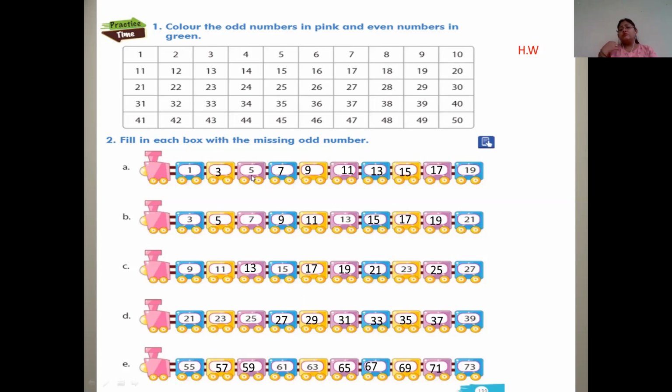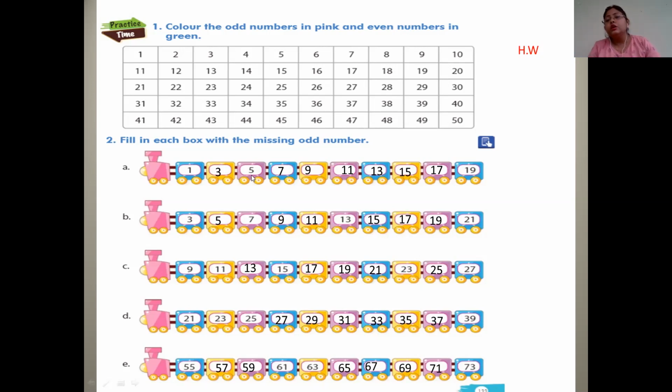So students, there is one more method to find out the odd number. When we have 1, what will be the next odd number when we add 2 to it? 1 add 2: 1, 2, 3.